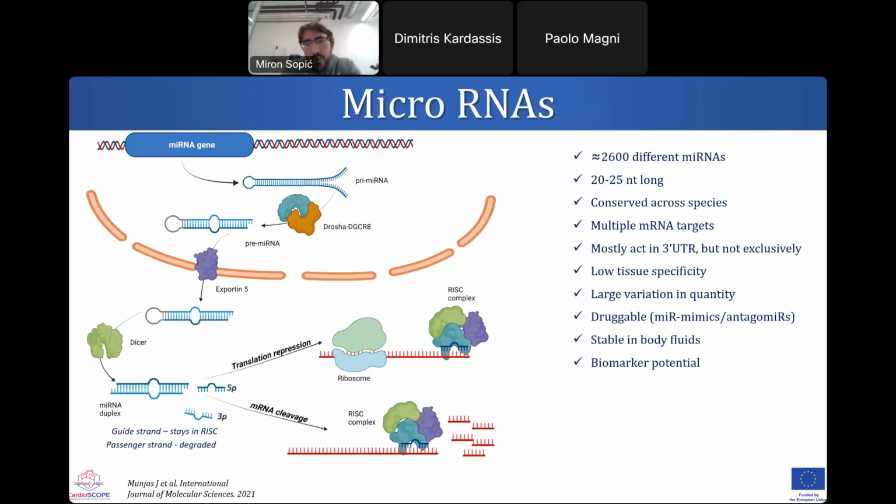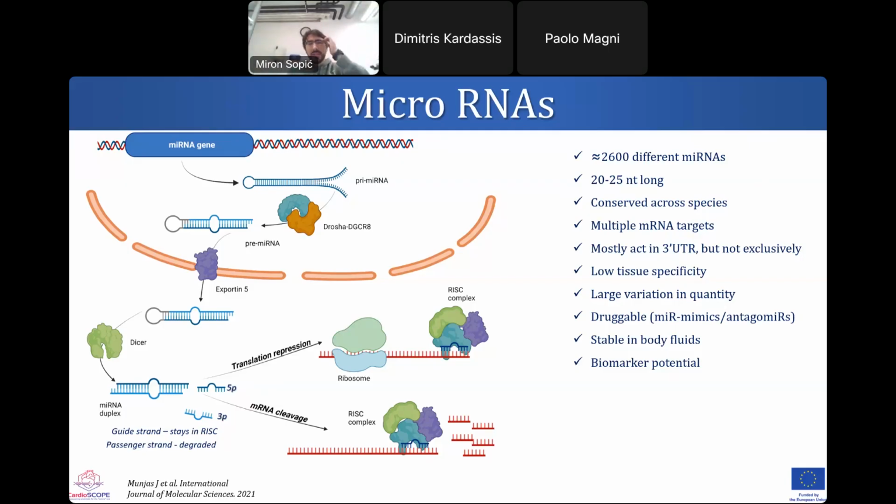The name of this type of RNA, I think, describes well what they look like. They are very short, about 20 to 25 nucleotides long. Just to put that in perspective, you know that mRNAs are mostly above 200 nucleotides long.